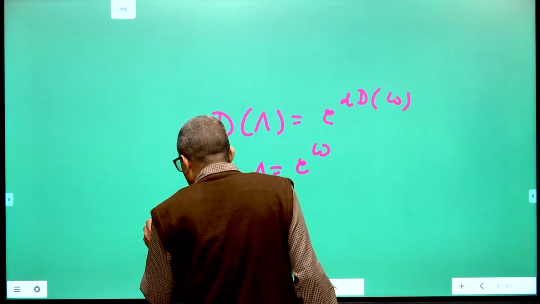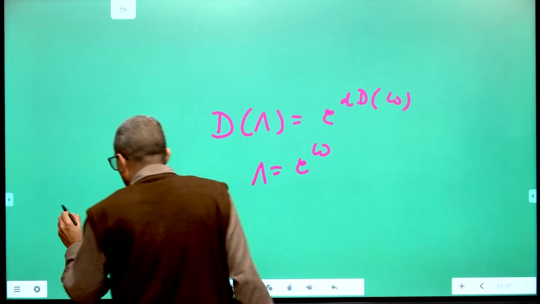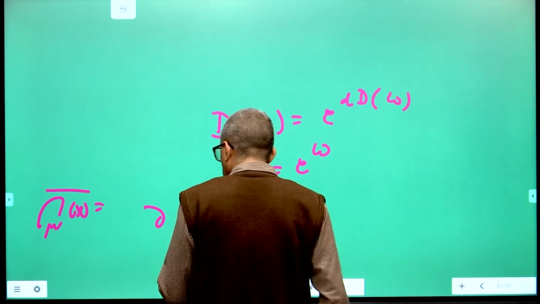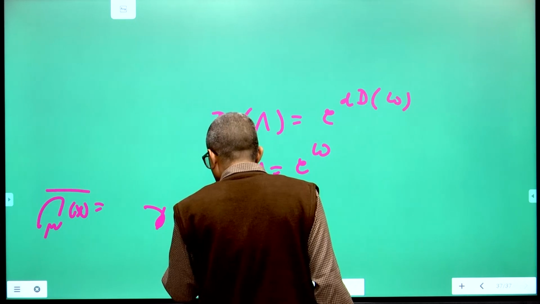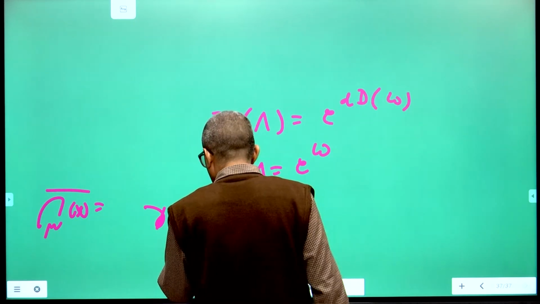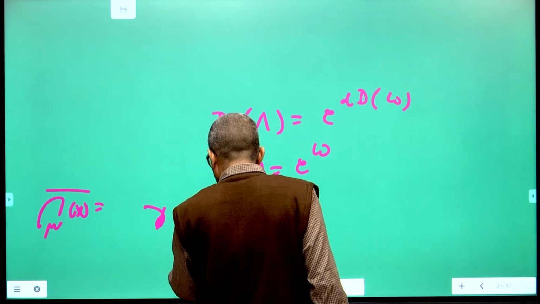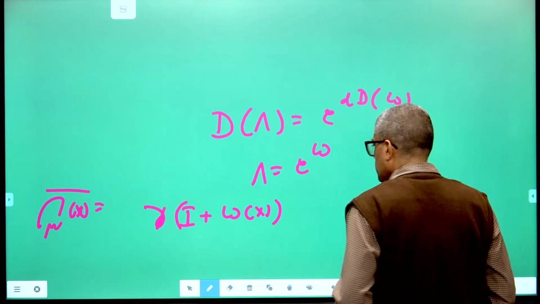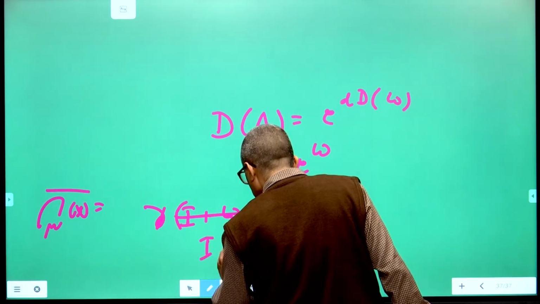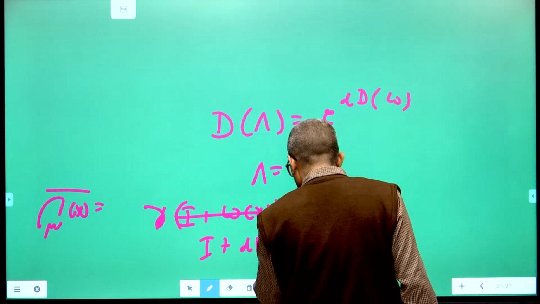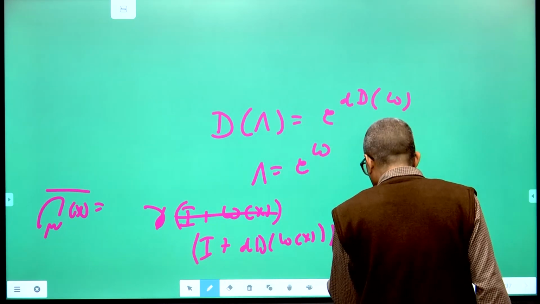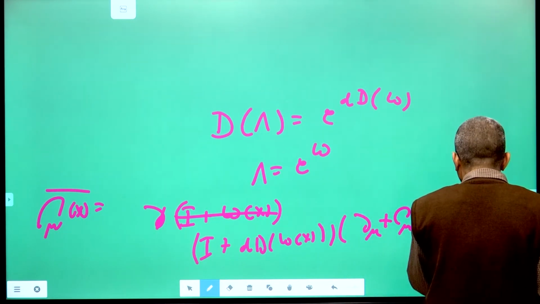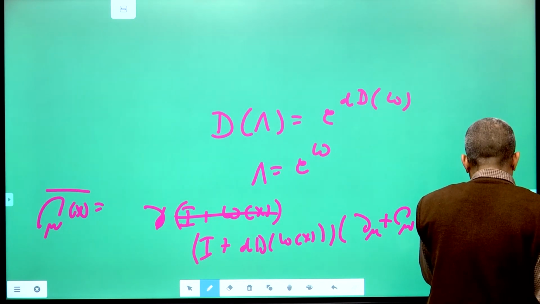Then if you look at the transformation law, gamma mu x bar equals D lambda x. So instead of D lambda x, I put I plus dD omega x into dou mu plus gamma mu into I minus dD omega x. The inverse will become this because this is an infinitesimal element omega.